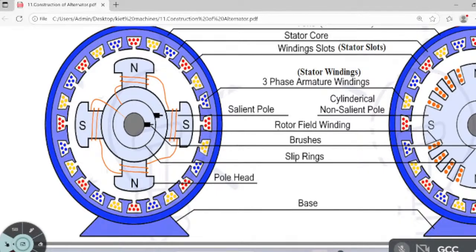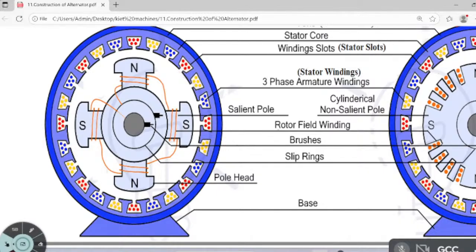In the alternator, what are the two different parts? One is called the stator, and the other is called the rotor. The stator consists of conductors, not the field. The conductors are 120 degrees apart, which is called the three-phase winding. Why? Because it is an AC generator, so AC it is, not DC.